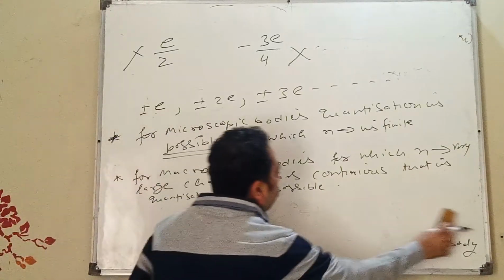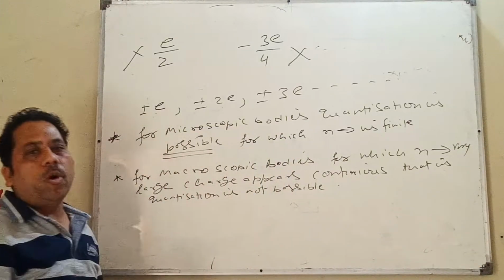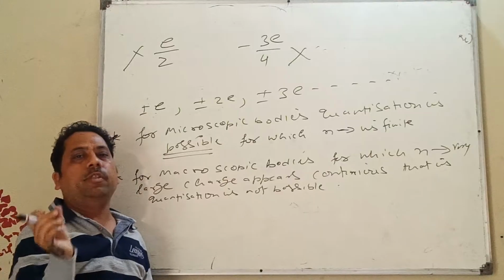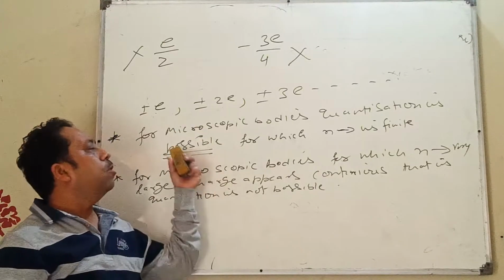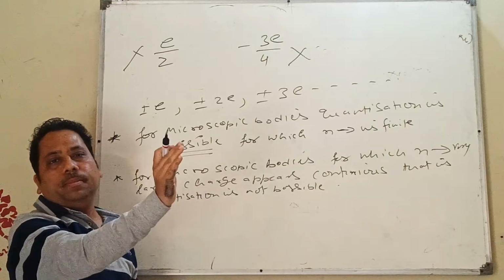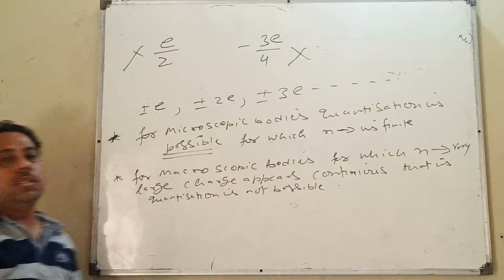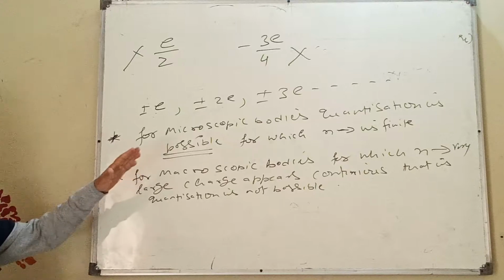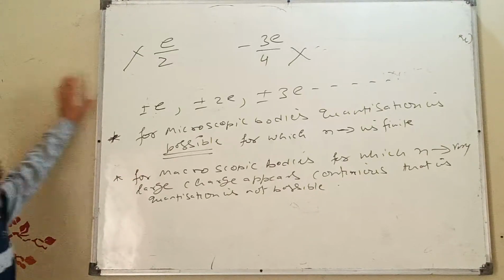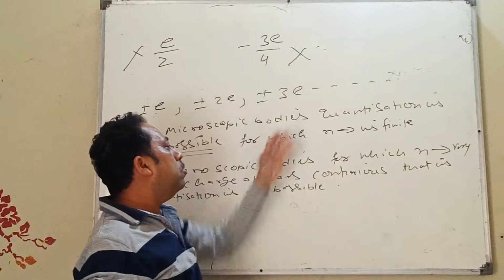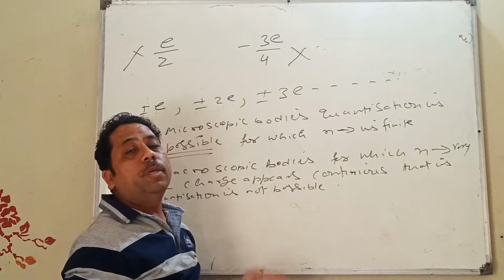Quanta means small packets. When you have the charge as a multiple of e, then it can be quantized. You can count them. But if n becomes very large, you cannot count them, then it appears continuous. Continuity means the charge will not be quantized.